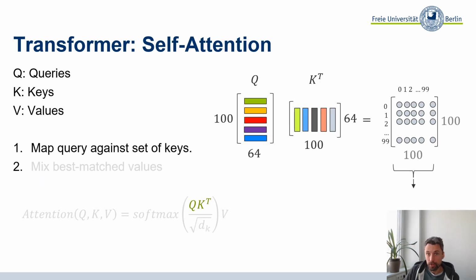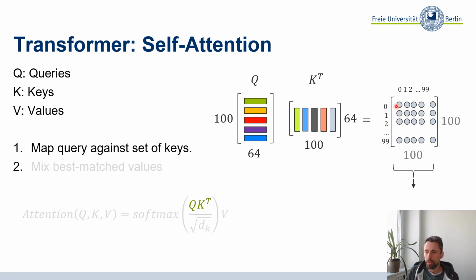Now, the core of every transformer model is self-attention. Self-attention means the input sequence attends to itself. Each input token looks at all other input tokens. This form of attention is called dot product attention, because we compute a dot product between the representations of each input token in Q with all representations of input tokens in K. So we have all queries, we have all keys, and we compute the dot product.